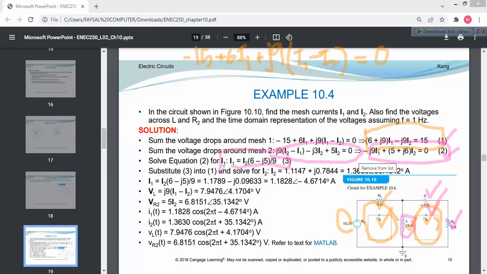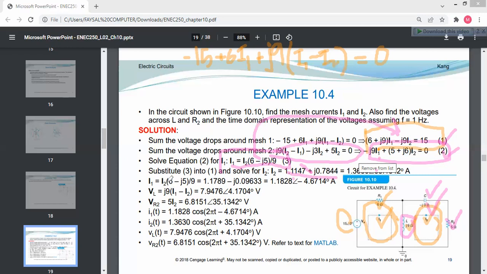Now substituting this, equation number 3, into equation number 1, this value is substituted here for I1. So I2 will be equal to 1.114 plus J0.786.